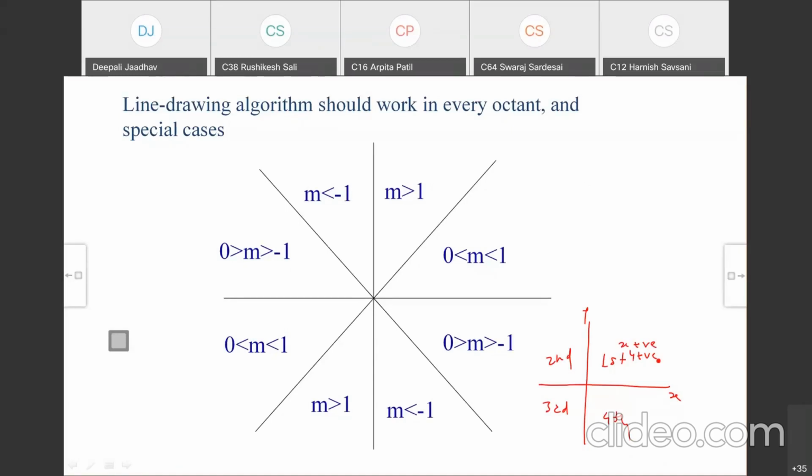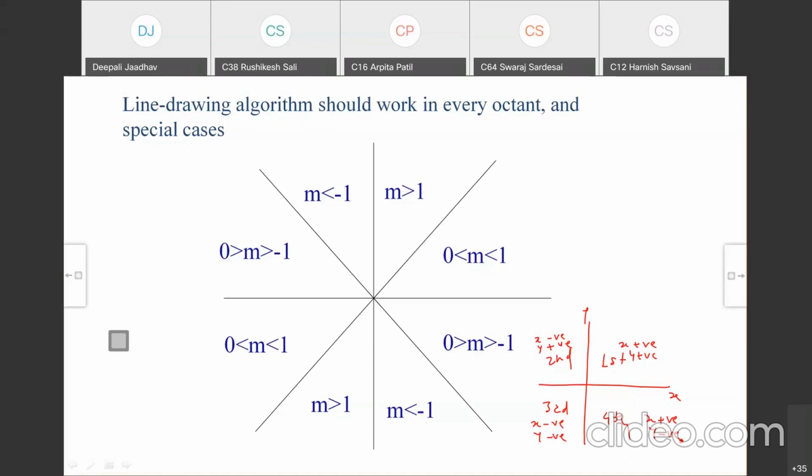In the second quadrant, X is negative, Y is positive. In the third quadrant, both are negative, X is negative, Y is also negative. In the fourth, X is positive and Y is negative.